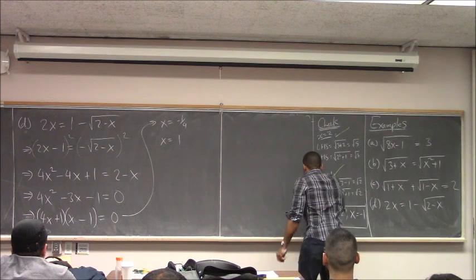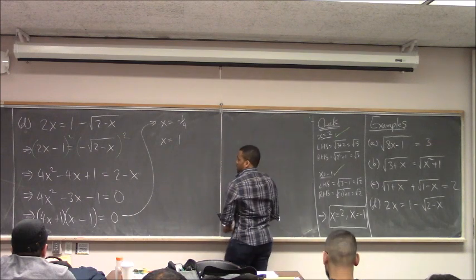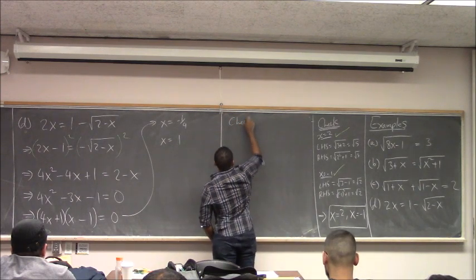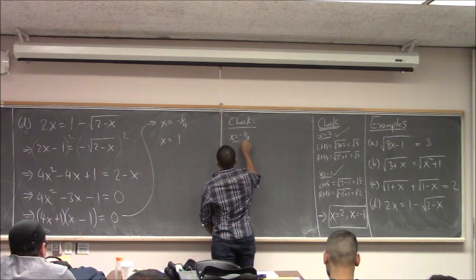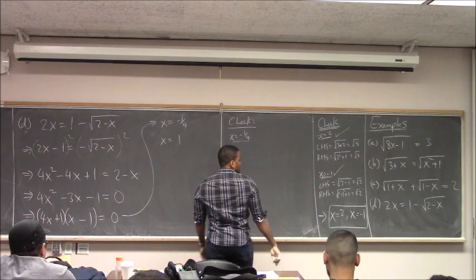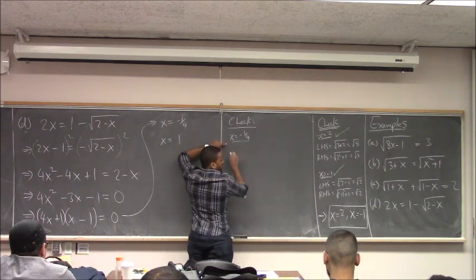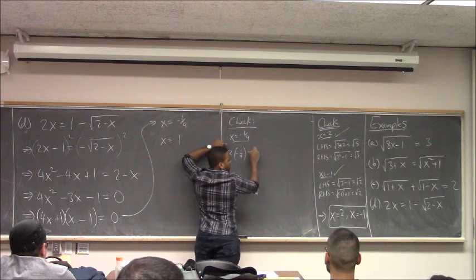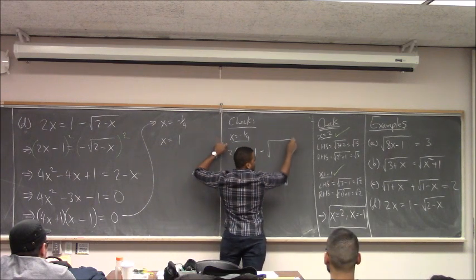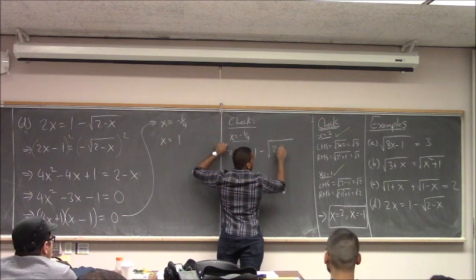Now let's do our check for each. If our x is minus a quarter, check it in the original. So I have 2 times minus a quarter equals 1 minus the radical of 2 plus a quarter.